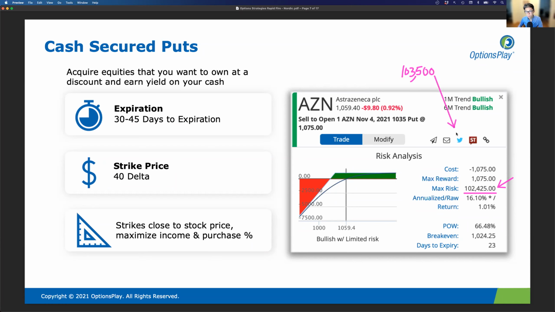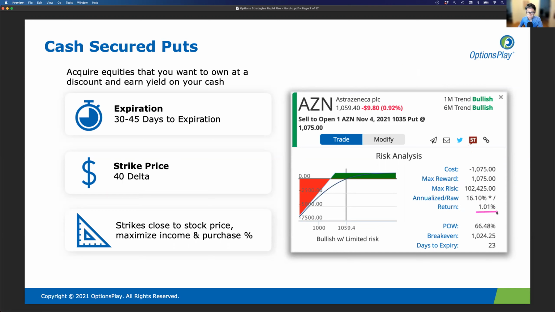And what I do is subtract 1,075 crowns from this value, and that gives me 102,425 crowns. And that is a discount of about 1%, because that's exactly what I'm getting. I'm collecting 1,075 off of a 103,500 purchase, and that is a 1% discount on my purchase.